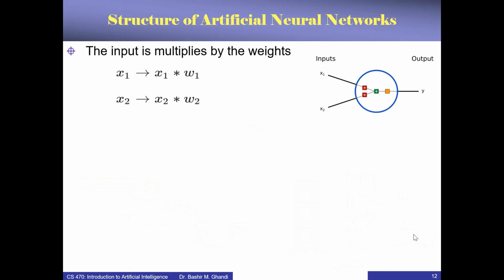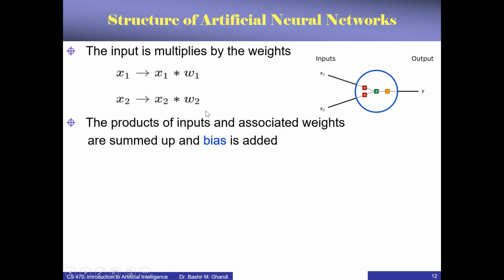So let's take an example to see how this actually works. As you can see in this diagram, two inputs, x1 and x2, are received. They are going to be multiplied by certain weights, so x1 times w1 and x2 times w2.